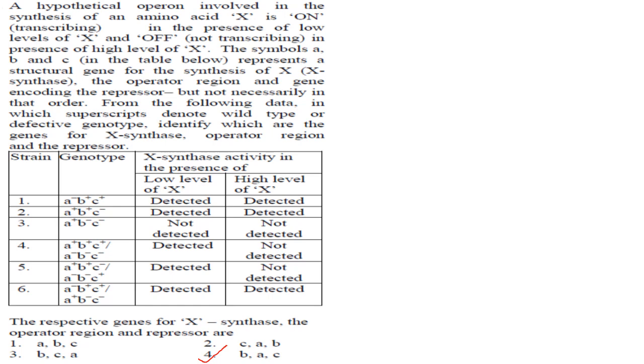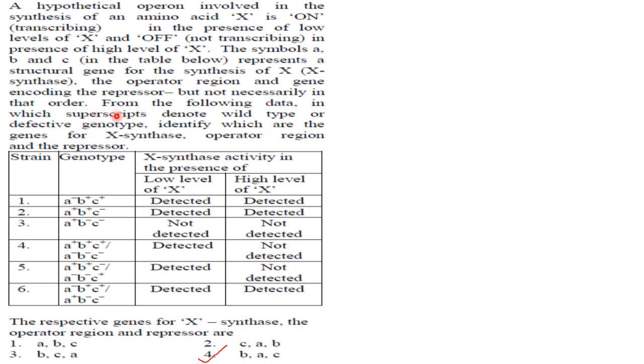The symbols A, B, C in the table below represent a structural gene for the synthesis of X synthase, the operator region, and the gene encoding the repressor, but not necessarily in that order. Okay, so A, B, C, they represent the synthase gene, the repressor, and the operator, but it is not in the correct order.